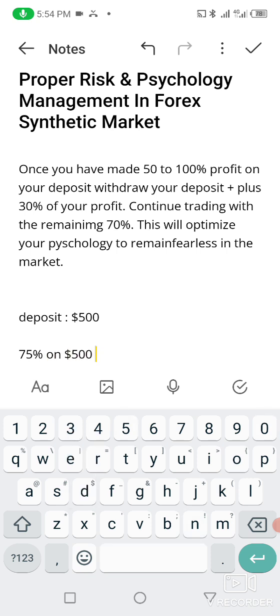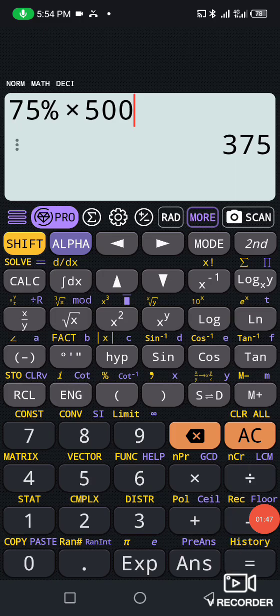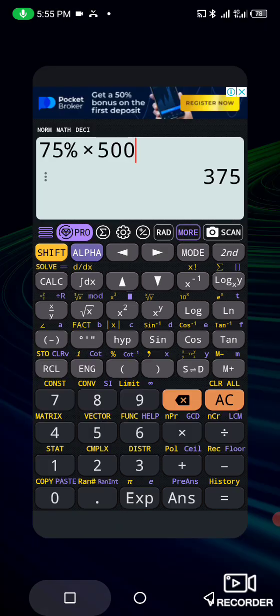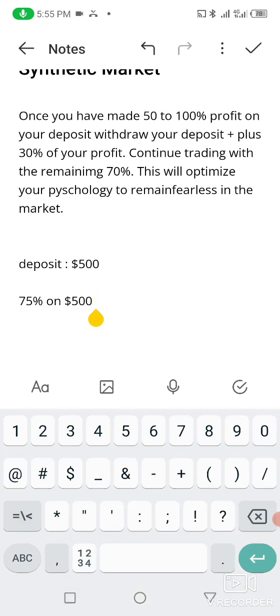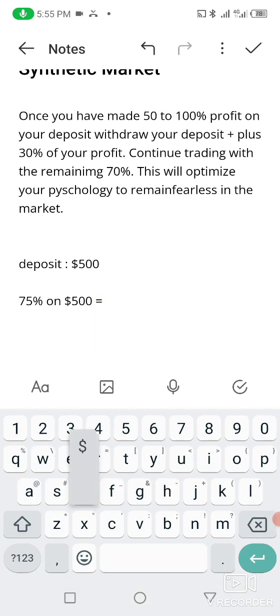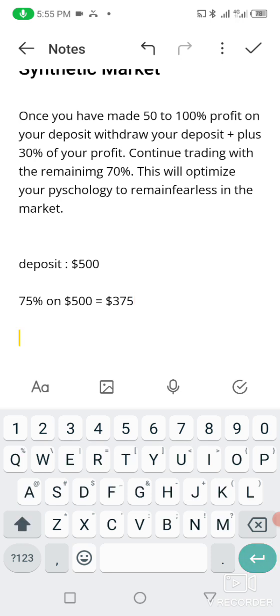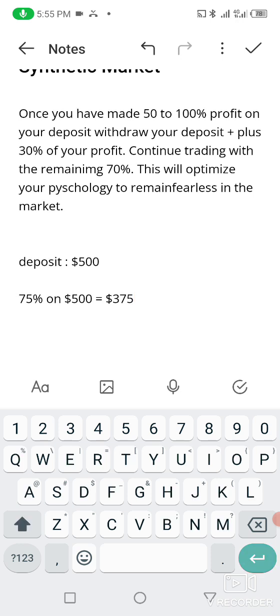So I'm going to calculate so that you'll be able to know the profit. Pretty much this is $375. This is the profit you have made, which equals $375. This is an average profit based on my risk management, based on the profit management scale, 50 to 100%.